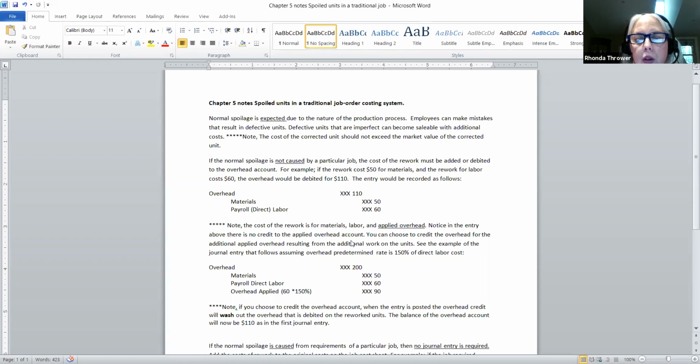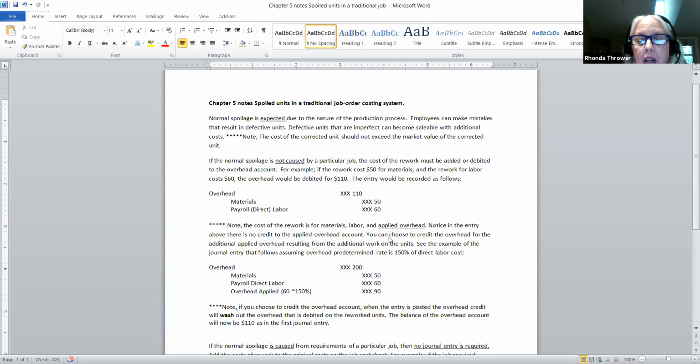Now in your textbook, they show you this journal entry. And in my thinking, I thought we ought to take it a little step further and show that applied overhead. But what happens is, class, if you've got a credit to the overhead account, which you do here for the applied amount, and you've got a debit to the overhead account, these two wash out.